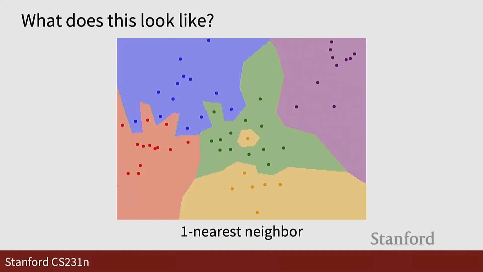But do you see a problem here in this example? The yellow one is in the middle of all of the greens, and this means that probably that's an outlier. That's probably noise, and this is the case for many, many problems that we have to solve. The reason that there is this big yellow region in the middle is just this single point, and because we are only using one nearest neighbor, this happens.